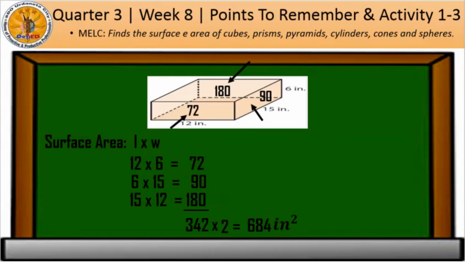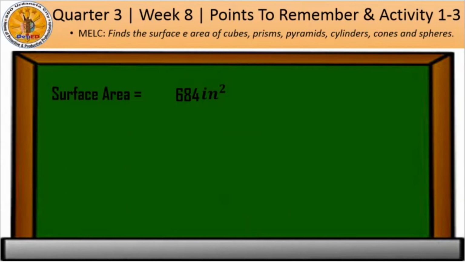But going back to our problem, this is not yet our final answer. The question in our problem is to find how much does Erin have to spend to paint the jewelry box if the cost of painting the exterior of the box is 50 cents per square inch.